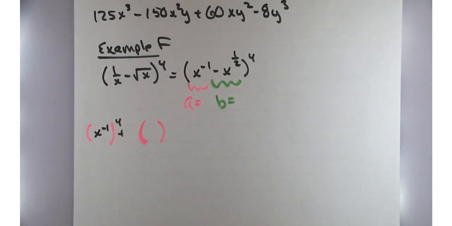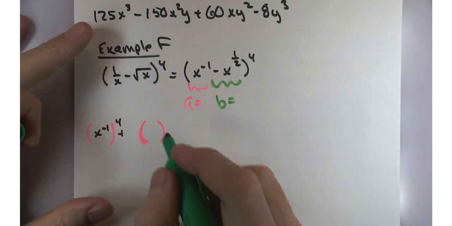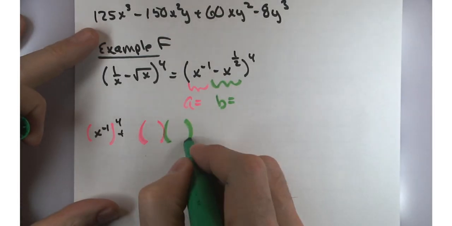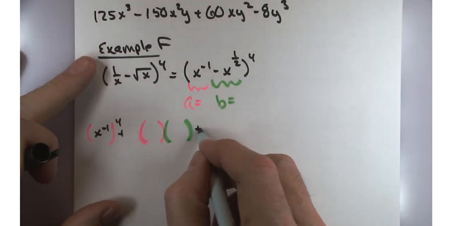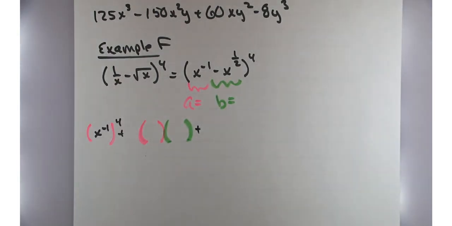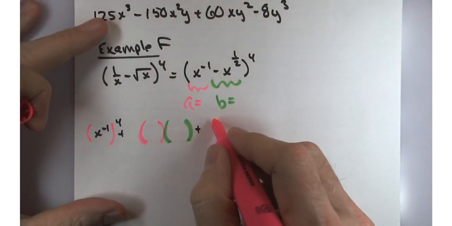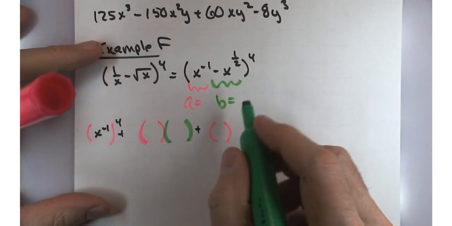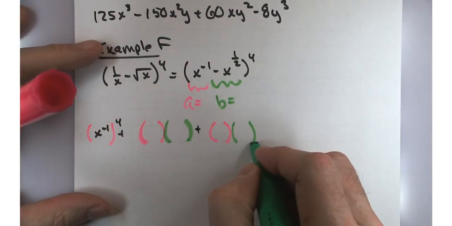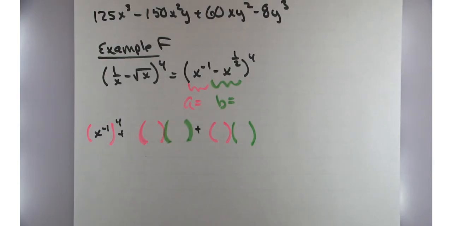This time we need to throw in a B. Plus, leave a little space for a coefficient. A and B. Some more space.